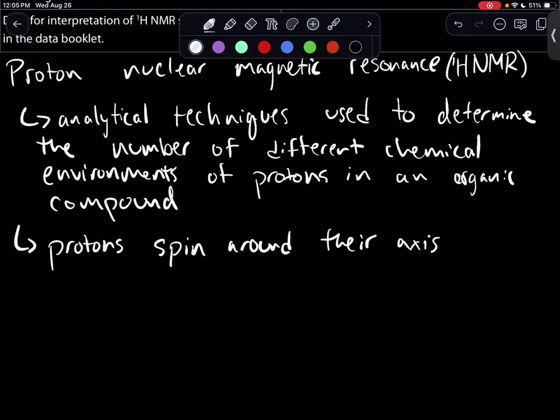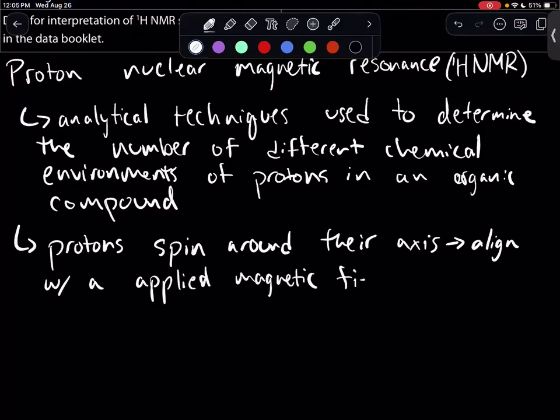And because they generate a magnetic field, they can also align with an applied magnetic field. Now, when they align with a specific magnetic field, we'll actually get two spin states.